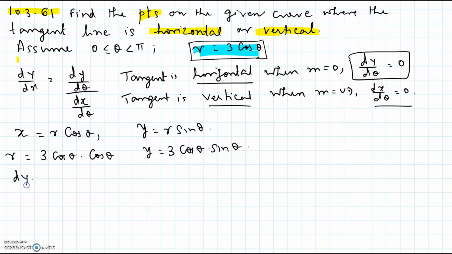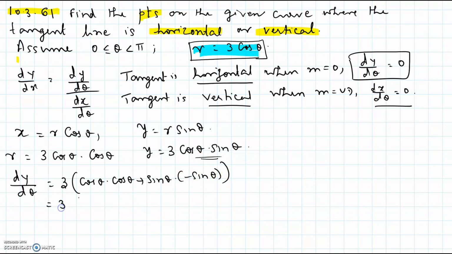So we'll find dy by d theta, which is the derivative of this expression: 3 times cosine theta times cosine theta plus sine theta times negative sine theta. This gives us 3 times cosine squared theta minus sine squared theta, which is 3 times cosine of 2 theta by the trigonometric identity.